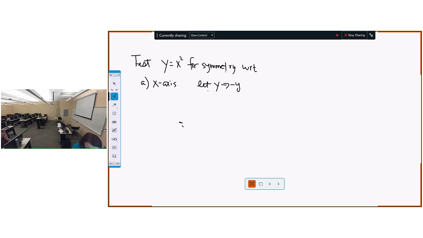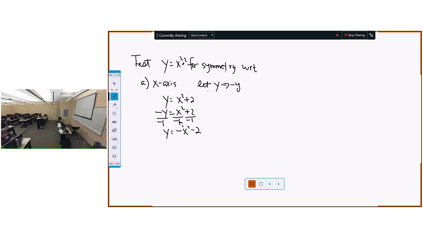So we know we have y equals x squared plus 2. I'm going to replace y with a negative y and see if I get an equivalent equation. So then I have to divide out the negative 1 across the board in every term, and that gives me y equals a negative x squared minus 2.